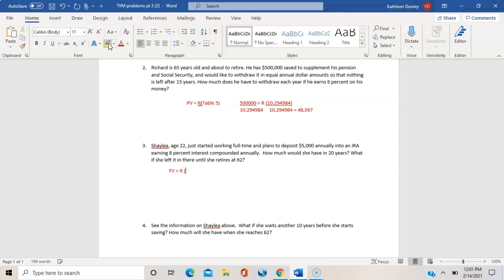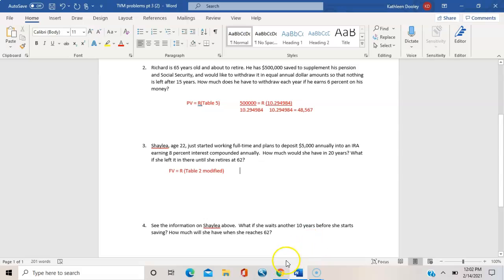So when we have the future value of an annuity due, we're going to use table 2, but then we're going to have to modify it. Okay, so let's get the table 2 number. We've got 8% interest, and we're going to start with 20 years.